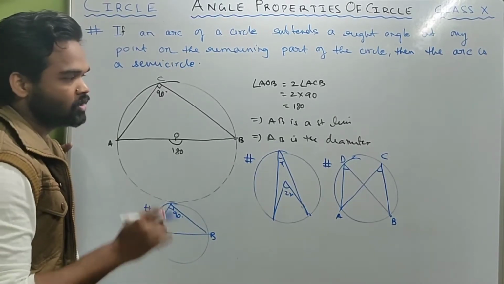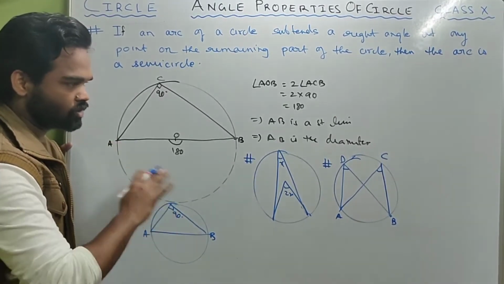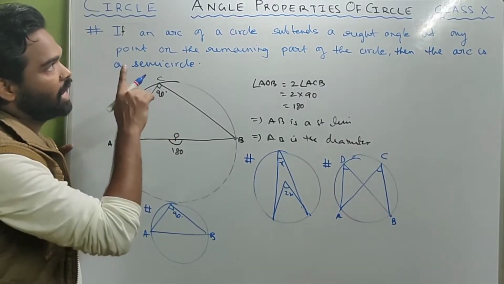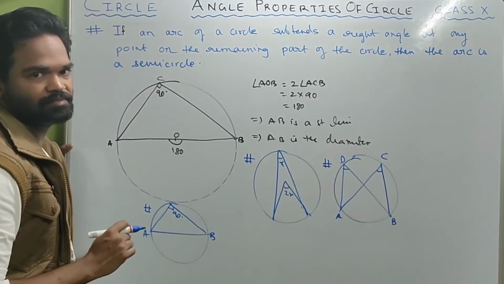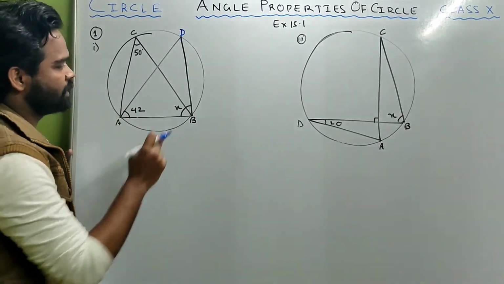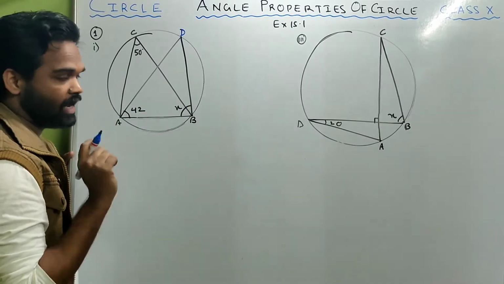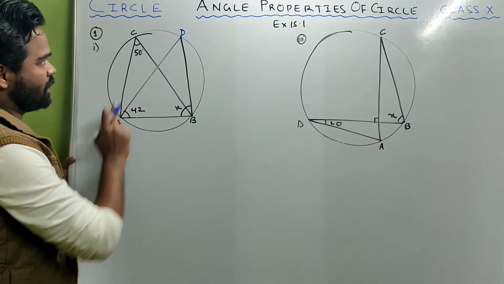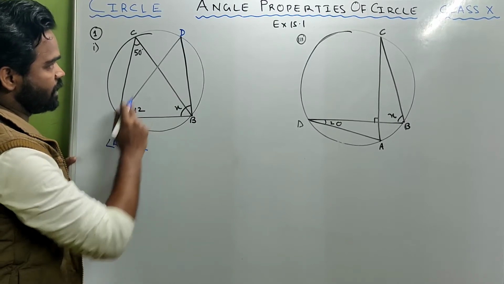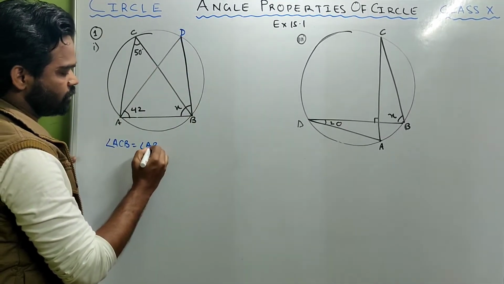Clear? So based on these theorems, let us solve the first exercise of this chapter, angle properties of circle. Now look at this sum from exercise 15.1, sum number 1, part 1. They have told us to find the unknown x. Look carefully. Angle ACB and angle ADB will be equal.